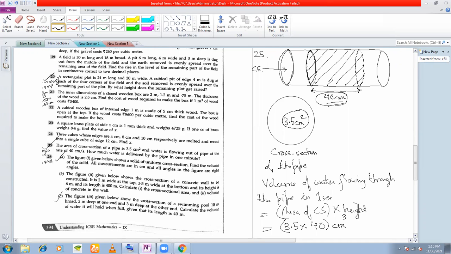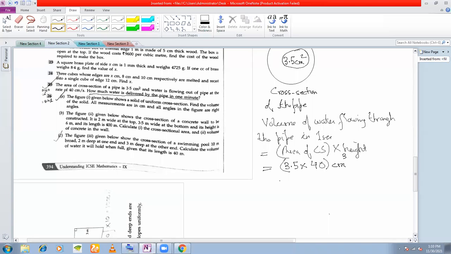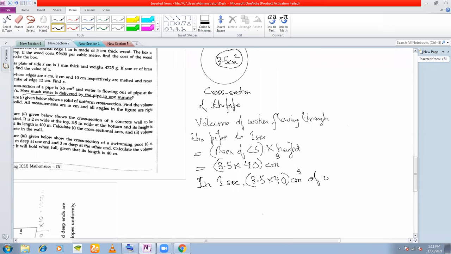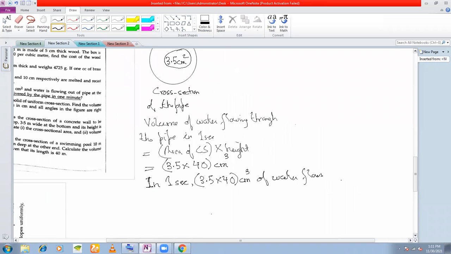Yes, sir. Now, how much water is flowing through the pipe in 1 minute? So what is the volume? If in 1 second, 3.5 into 40 centimeter cube of water flows through the pipe, they are asking how much water will flow in 1 minute. 1 minute means 60 seconds.